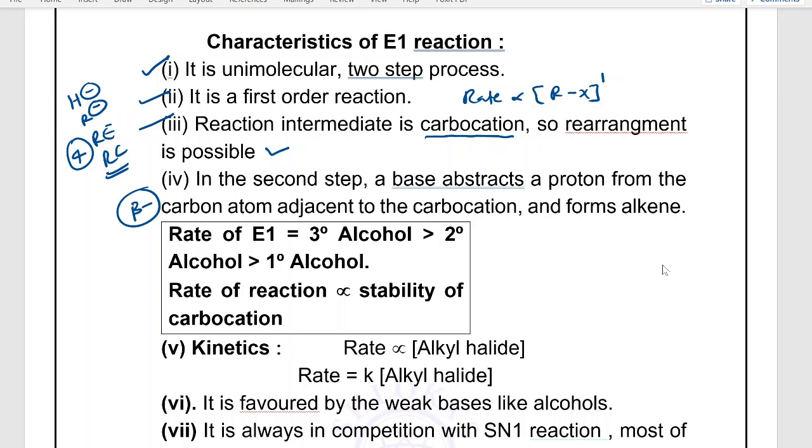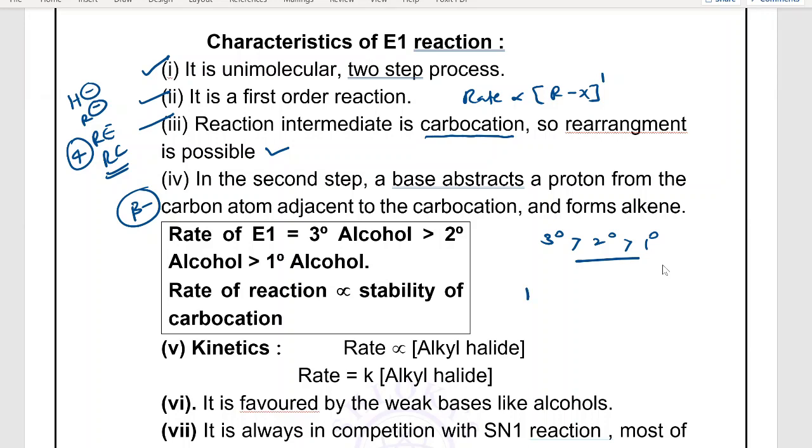Now, as the reaction proceeds through a carbocation intermediate, how can you decide the stability? 3 degree greater than 2 degree greater than 1 degree. If you are discussing elimination reactions of alkyl halides, tertiary alkyl halide is more reactive than secondary, than primary. And dehydration of alcohol is also the same.